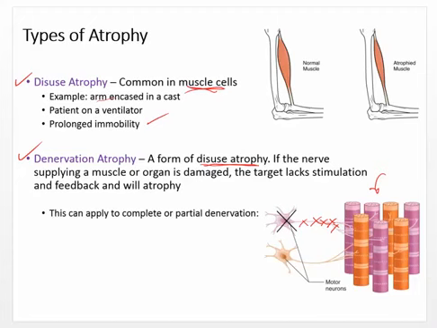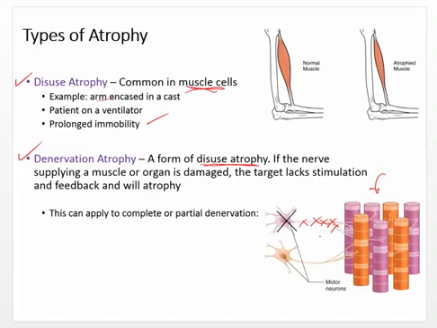So there's constant feedback from neurons to whatever they're innervating that says, okay, yeah, I still got you, I'm still here. When that signal goes away, then that's a cell that's no longer going to be used. So it will atrophy. It will get smaller. It may over time eventually die and actually be replaced by fibrous tissue.